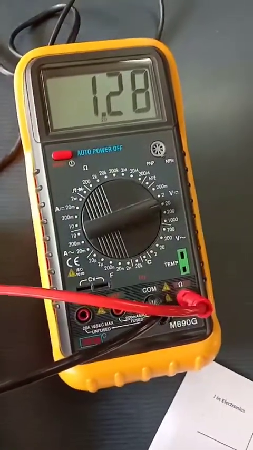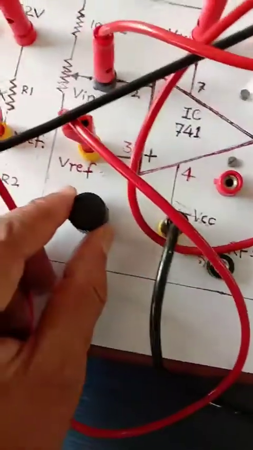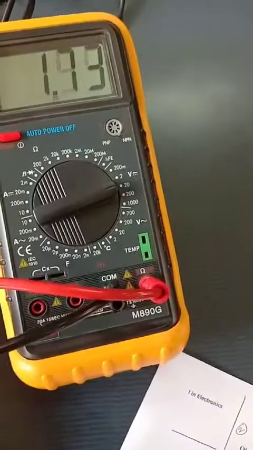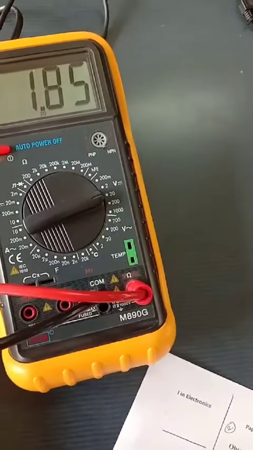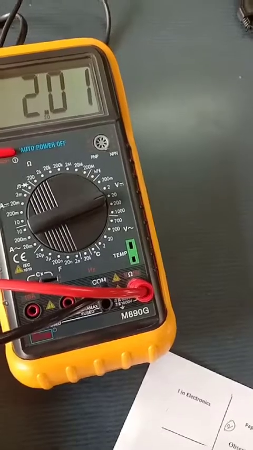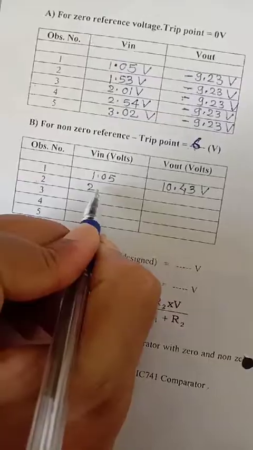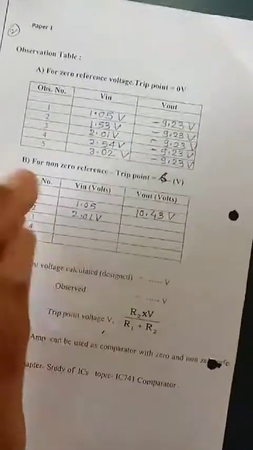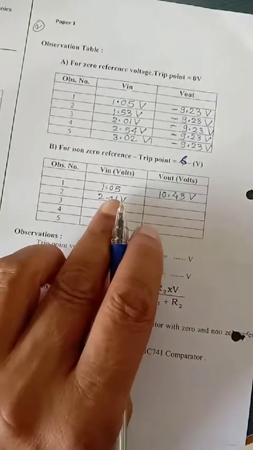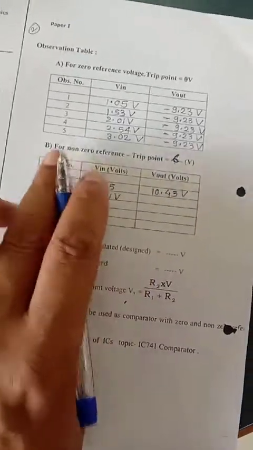Again change this input. Now I am taking 2 volt. I am rotating this knob. Okay, 2.01 volt. Now again this input is less than 6 volt, therefore we get positively saturated output.